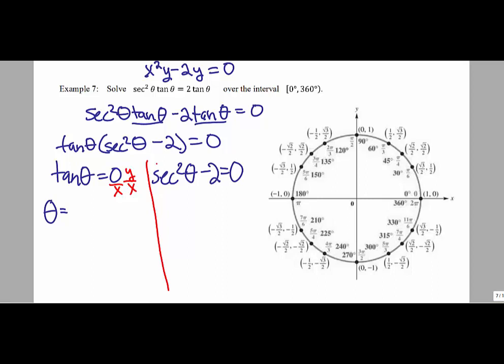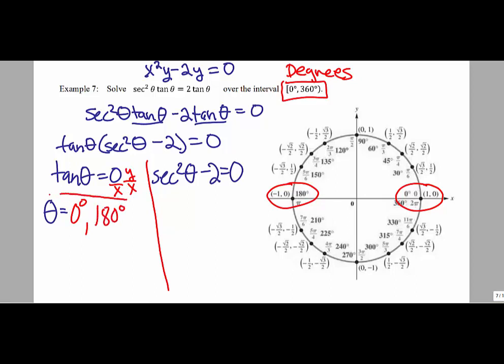So points on our unit circle that have a y value of 0. That would be right here at 0 degrees and 180 degrees. So we're working in degrees, just to remind us there. So 0 degrees and 180 degrees would be places where we have tangent values of 0. Okay, so we got that one done. We have 2 angles now for our solutions.